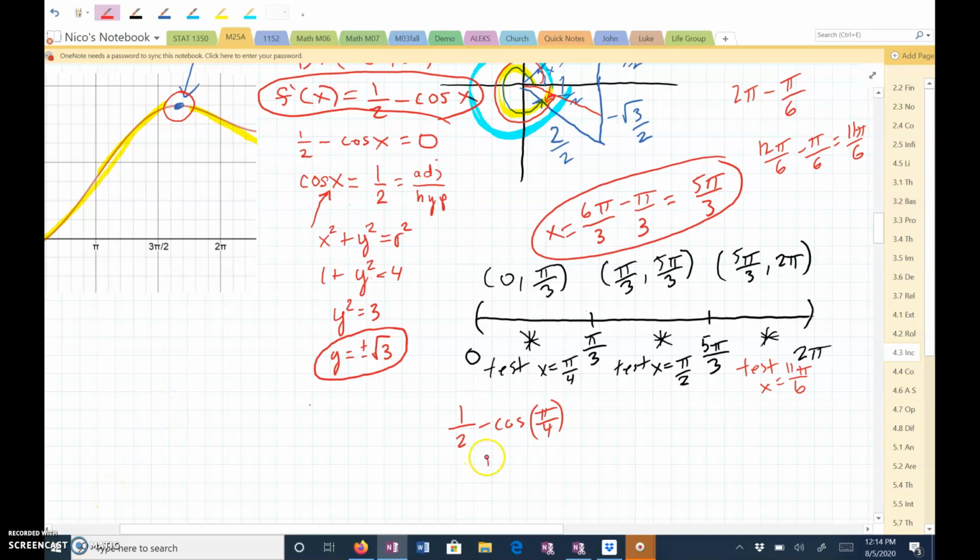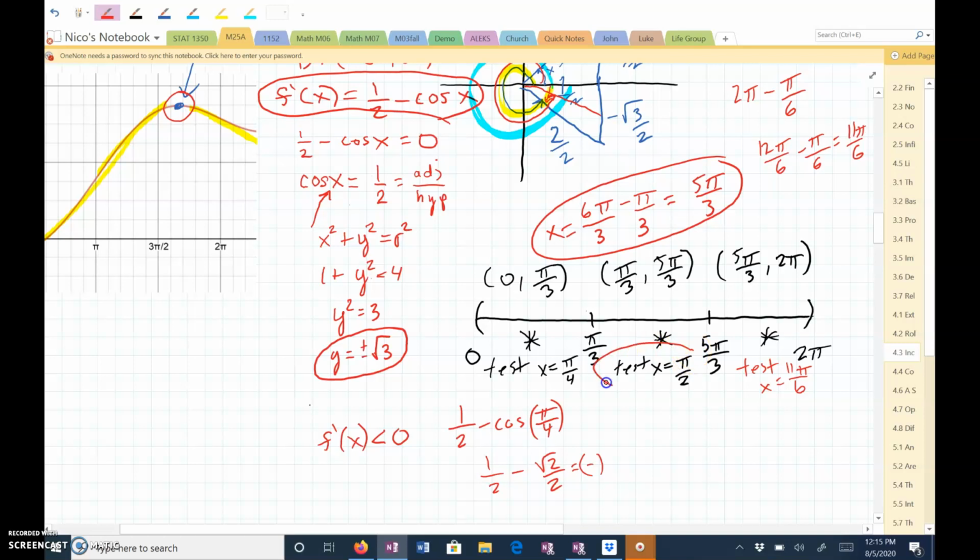So that's going to be 1/2 minus the square root of 2 over 2. Okay, we know that that is going to be negative because the square root of 2 over 2 is slightly bigger than 1/2. So for this region here, the derivative of f of x is going to be less than 0.